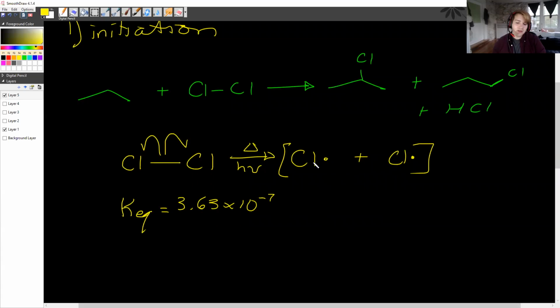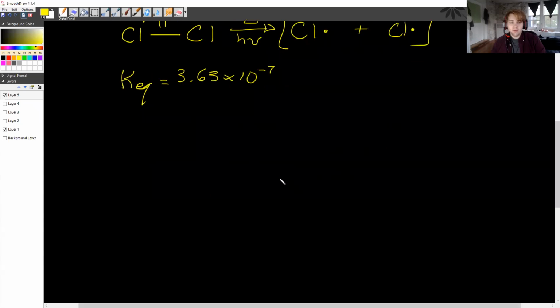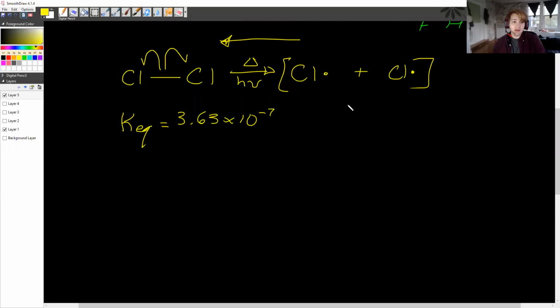So for every 13 chlorine radicals, we have about 1 billion unreacted Cl2 molecules. This reaction lies heavily in this direction, even though we are able to generate a few reactive chlorine radicals. What's important to know is that these chlorine radicals are going to immediately go off and enter into propagation.